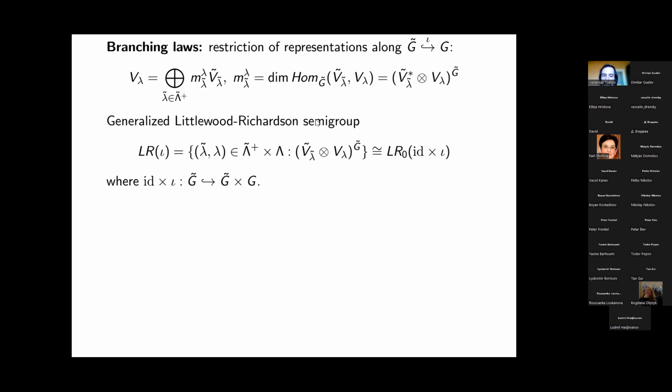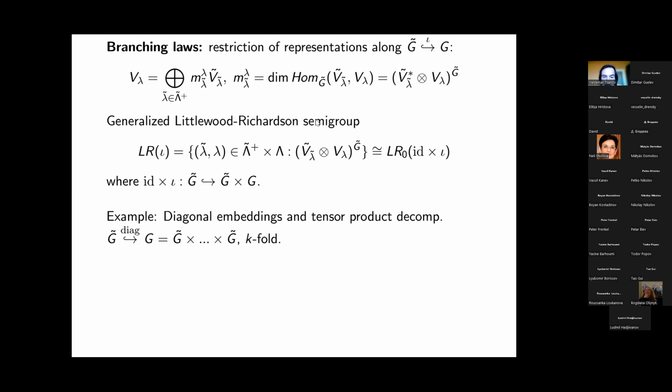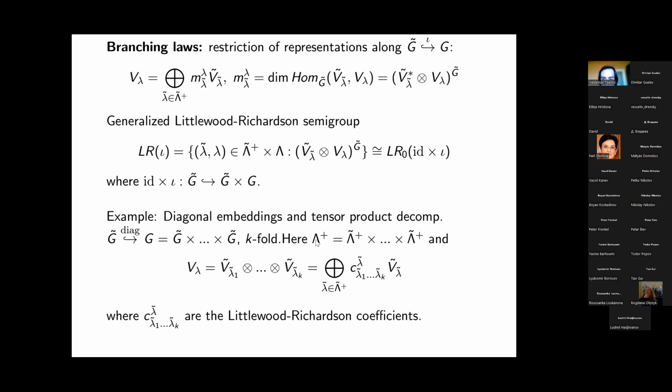Here is a more concrete example. So if the large group G is just a product of the small group with itself k-fold, so the dominant chamber is a product of the small set of dominant weights k-fold with itself.